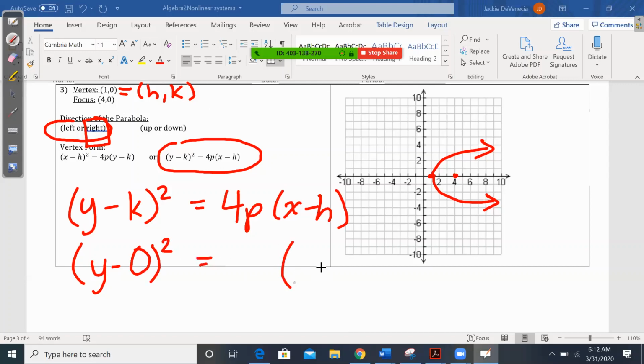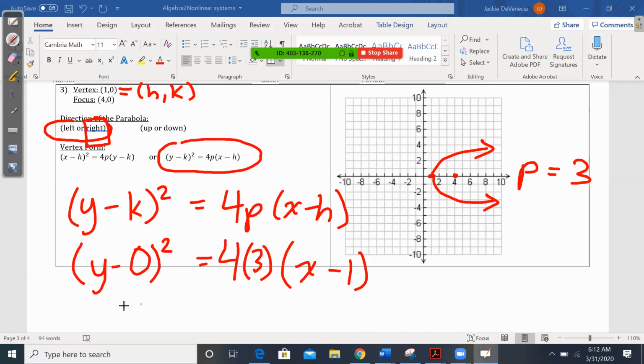And the same thing over here, my h is the first one there. And it's going to be the same idea. I just need to count how many spaces from my vertex to my focus. So it's going to be 1, 2, 3. My p is going to equal 3. So I'm changing the p right over here to be that positive 3.